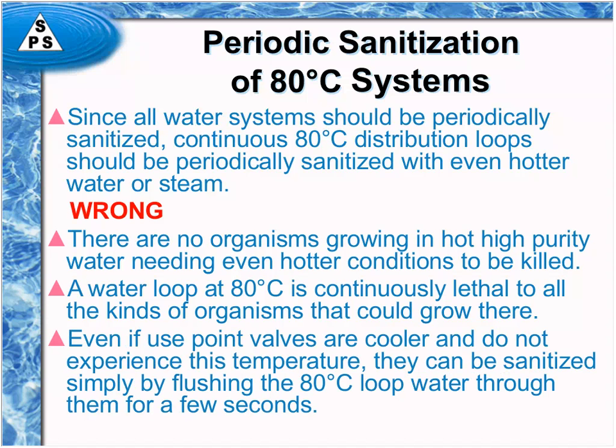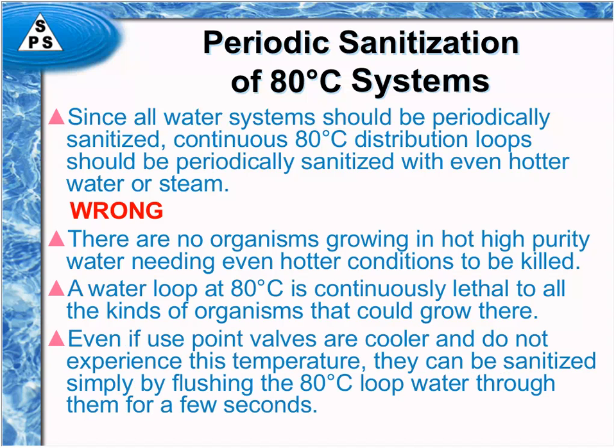Now, an 80 degree C system doesn't necessarily mean that it's 80 degrees C everywhere. It could have points of use that are cooler, that never experience that temperature, although if it's stainless steel, more than likely the heat conduction is going to carry enough of that heat down into the distal parts of valves. But if you have a plastic system, the heat won't conduct the same way.